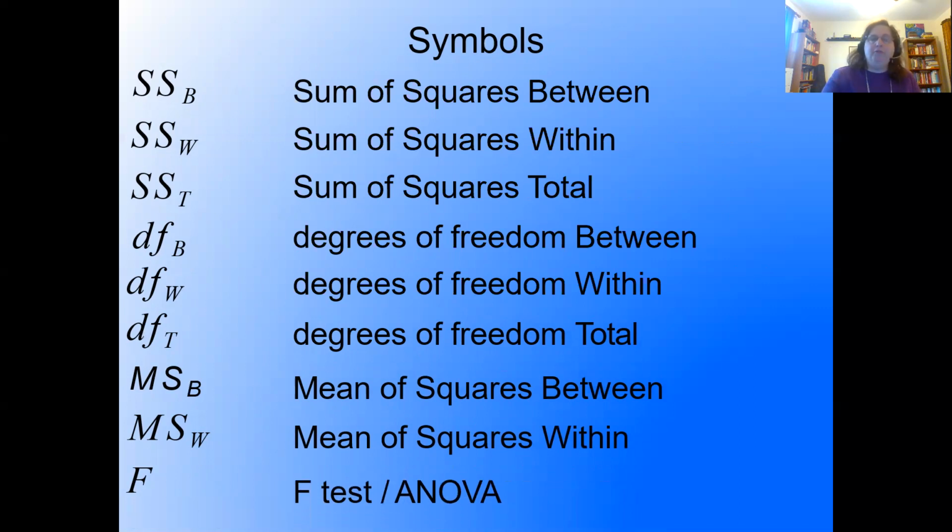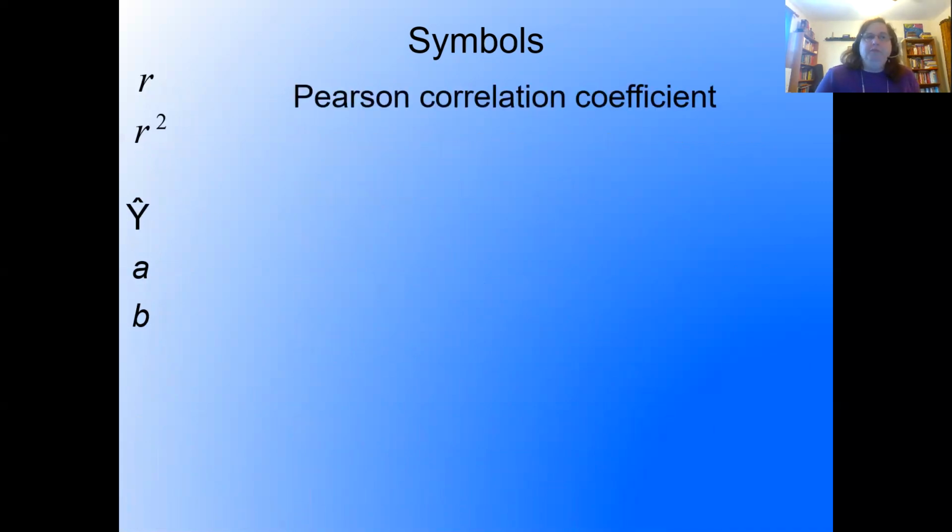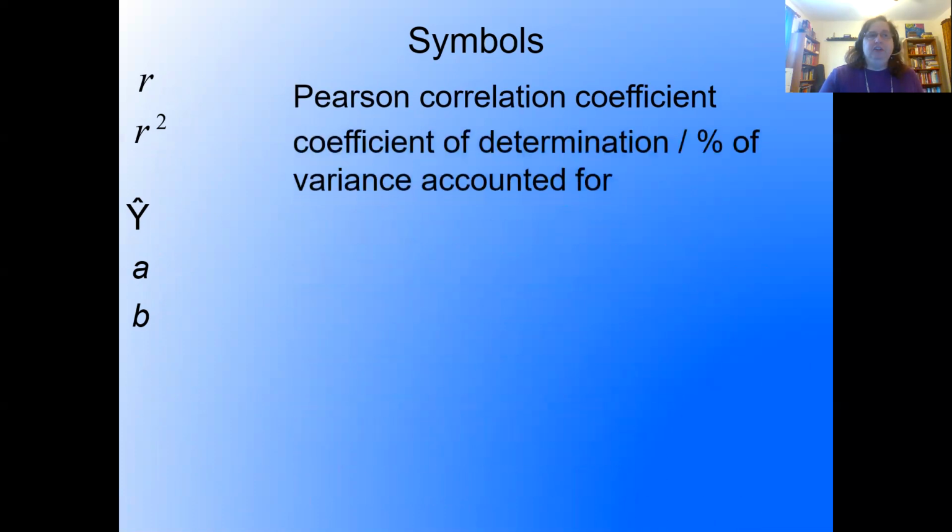So these are all for ANOVA. We don't have many symbols for correlation and regression. First one, Pearson correlation coefficient. Second one, coefficient of determination or percent of variance accounted for.